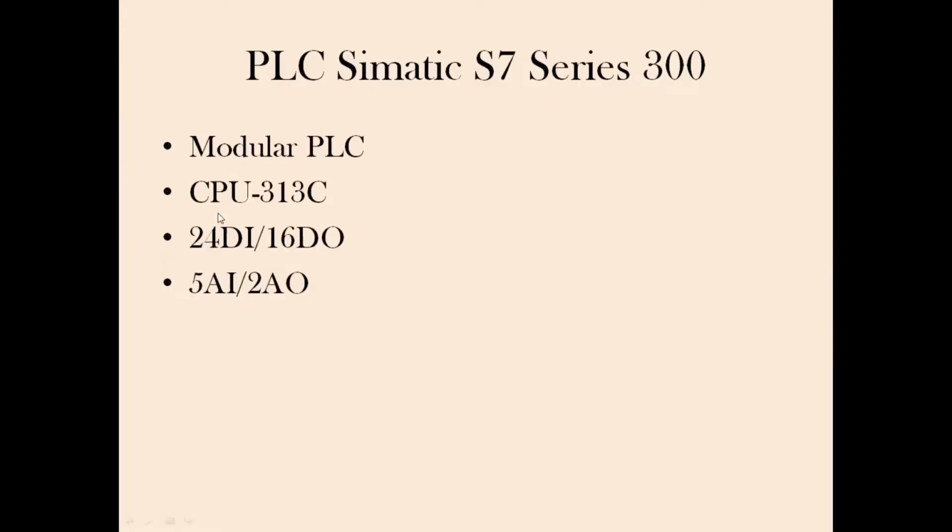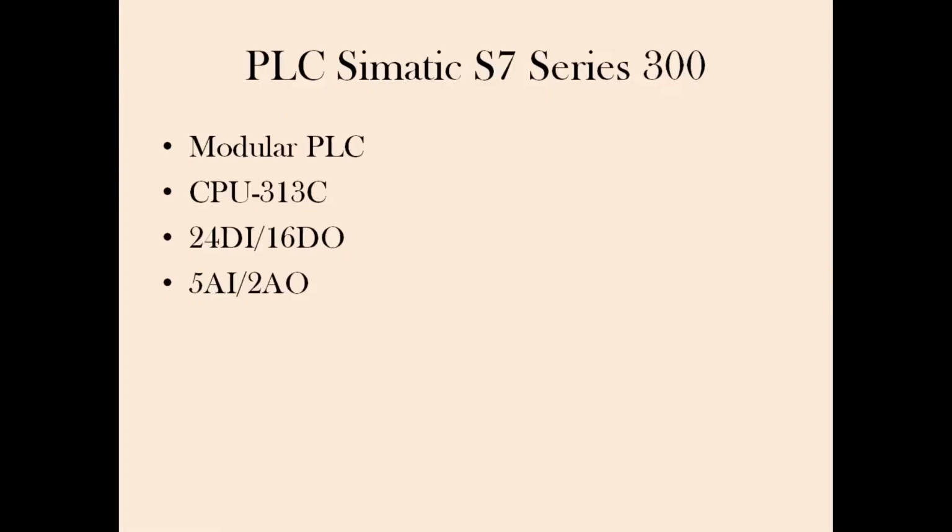And moreover, like other PLCs, it has a range of individual CPUs, differing in performance, installation, number and type of ports for connection of other devices. Each CPU can be extended with other modules of individual digital input, output, analog signals and special modules, and another one is the communication interface.